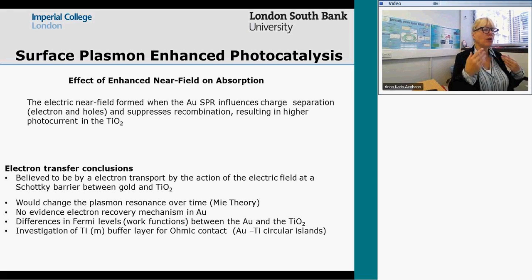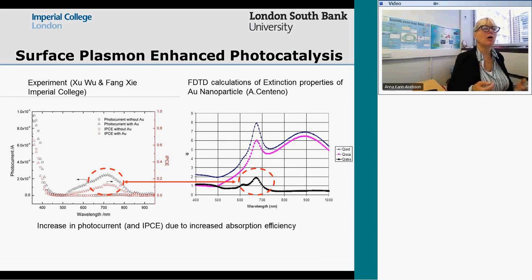So we're looking at the different ohmic contacts. That's why we manufacture the circular gold discs on the TiO2. We're going to increase the ohmic contact and see if we can improve some mechanism or identify it. But so far we could not see evidence of an electron transfer.